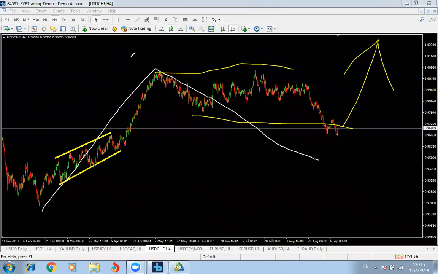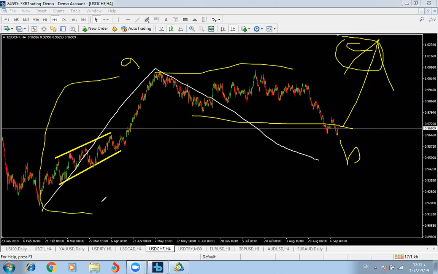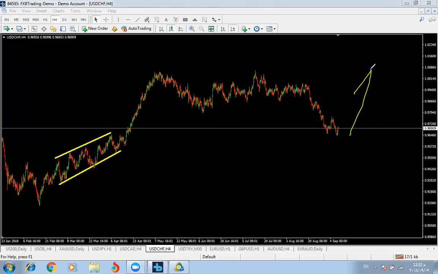This is A, this is B, and this is C. Our C leg targets 61.8 from this leg as the first target, or equality between wave A and wave C. I will show you the exact targets in time, once the price starts to move impulsively to the upside.